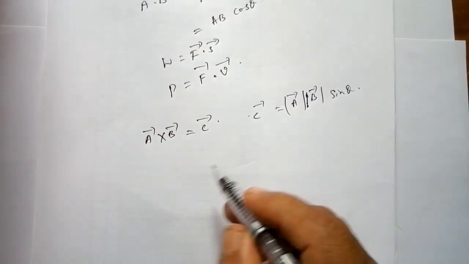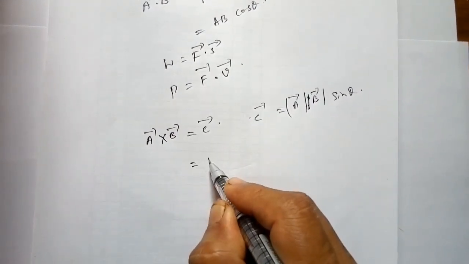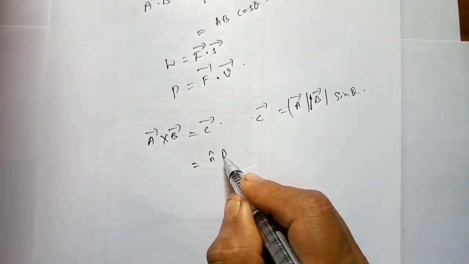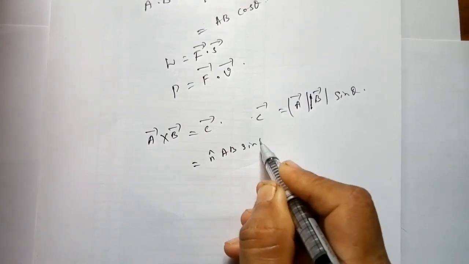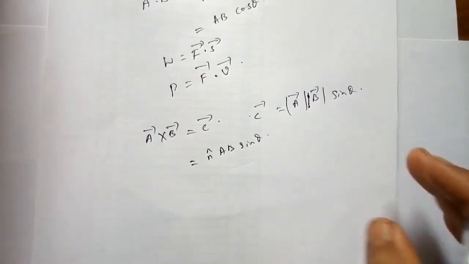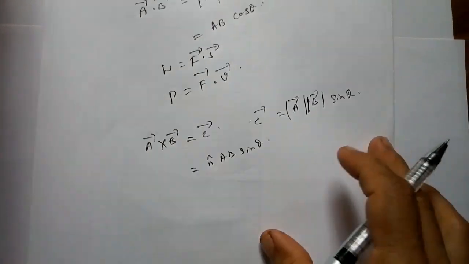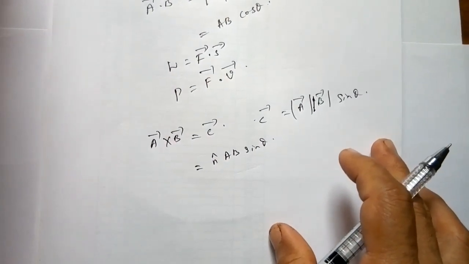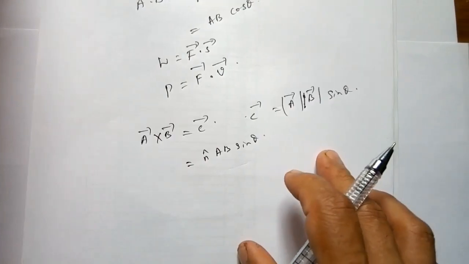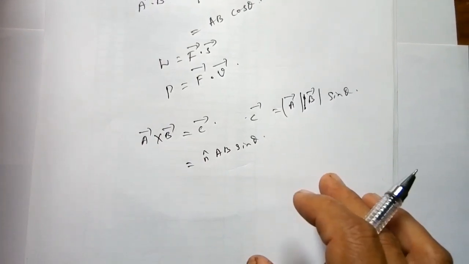Simply we may write this as n cap AB sin theta. n represents the direction, that is a unit vector. The direction of vector C can be obtained by the right hand screw rule.